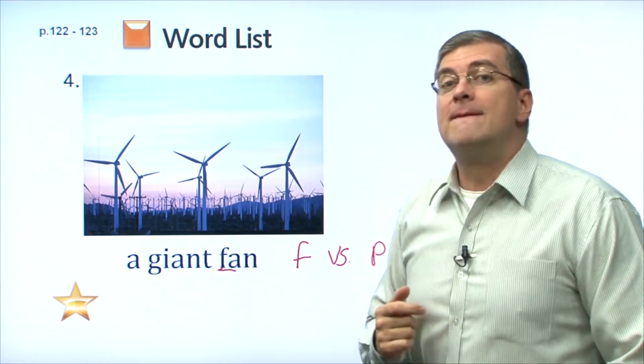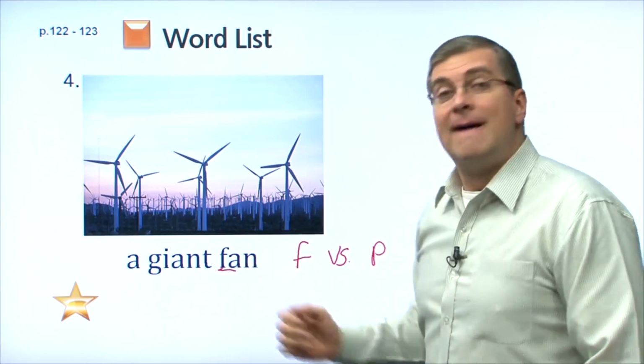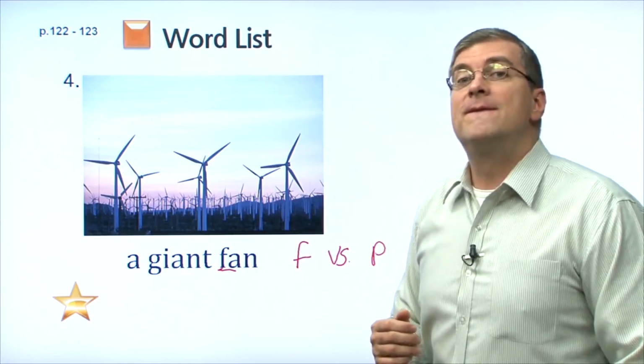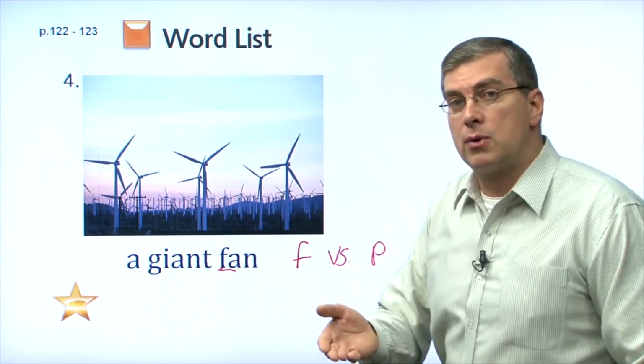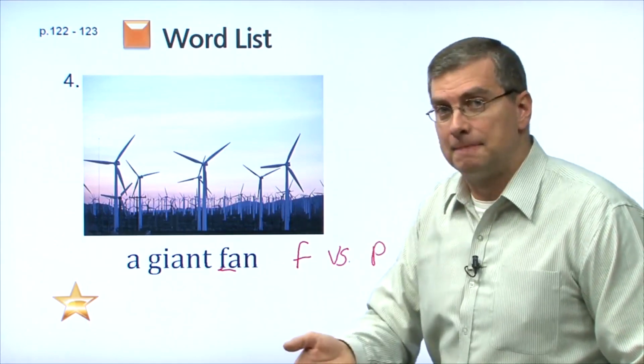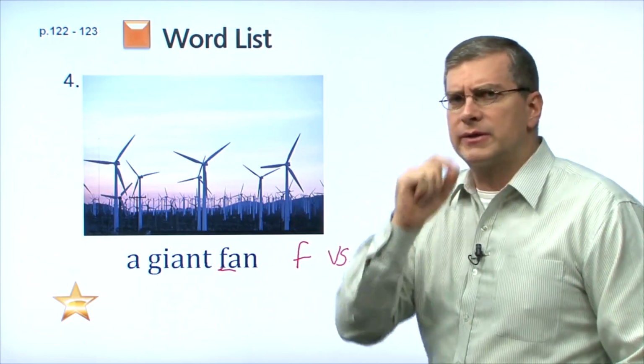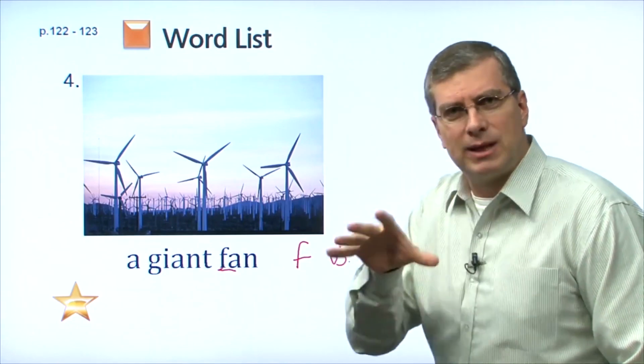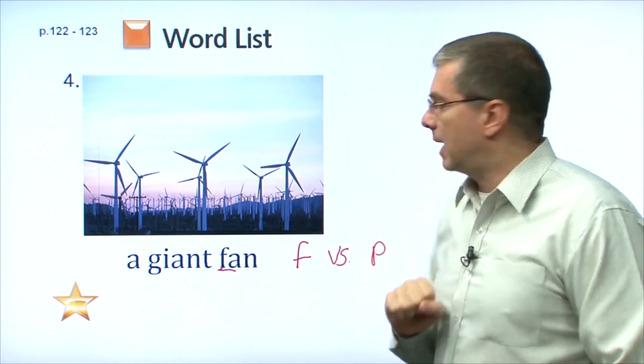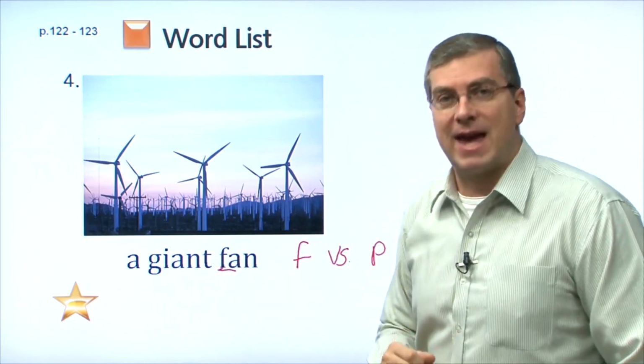F. F. So we have fan. Fan. Let the air flow through your teeth. Fan. Okay? So P, there's no air going through. Your lips are closed tight. P. And then you release it powerfully. Okay? So a giant fan.